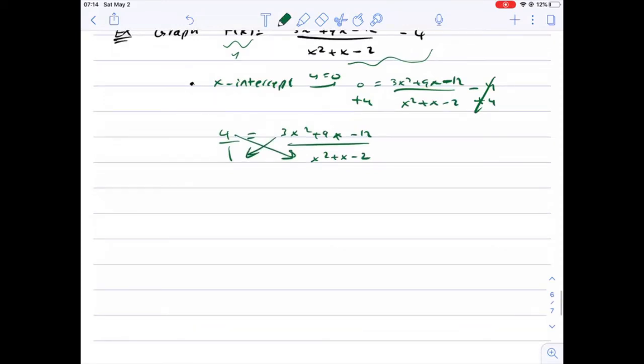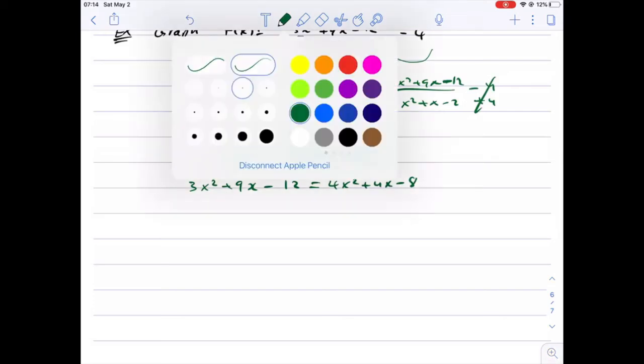We get 3x squared plus 9x minus 12 equals (x squared plus x minus 2) times 4, it's 4x squared plus 4x minus 8. And then we solve for x.